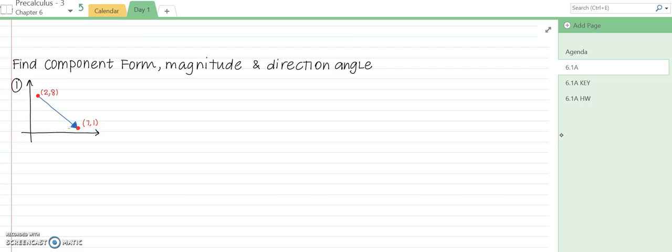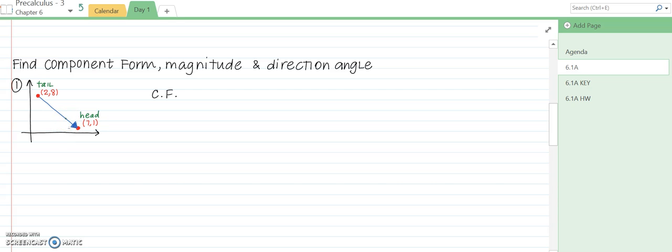The next thing is to find component form, magnitude, and what we haven't talked about yet, the direction angle of a vector. To find component form first, all we're really looking for is how far to the left or the right I went and how far up or down I went from what we call the tail, meaning that starting point, the base of that vector, to the head, basically where I'm heading, the end of that vector or the ending point.